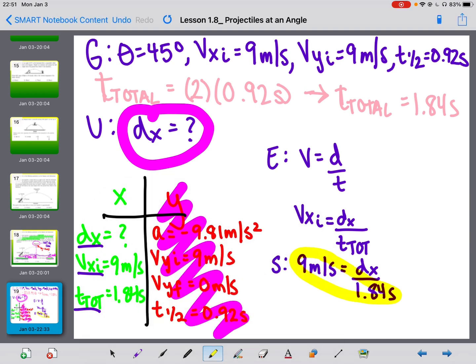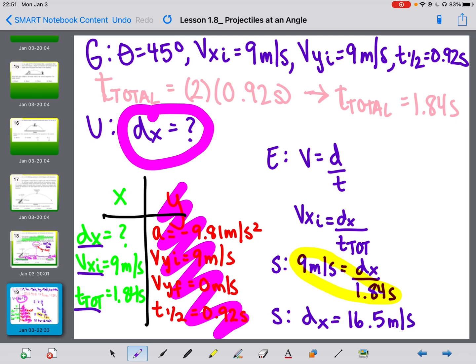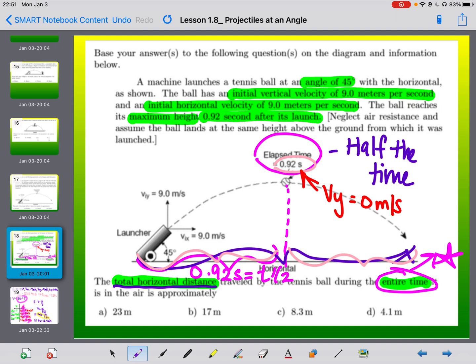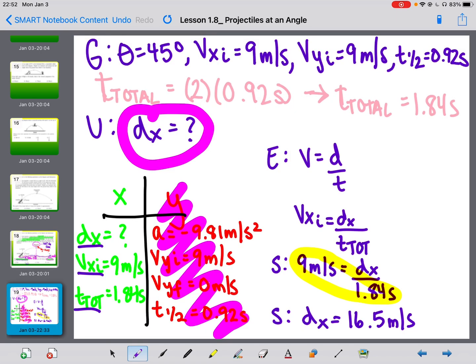So 9 meters per second times 1.84 seconds, and you should get a solution of dx equals about 16.5 meters. And if you go back to the answers, we don't see that there. However, we do see 17. So that means our answer is closest, rounded to 17 meters.